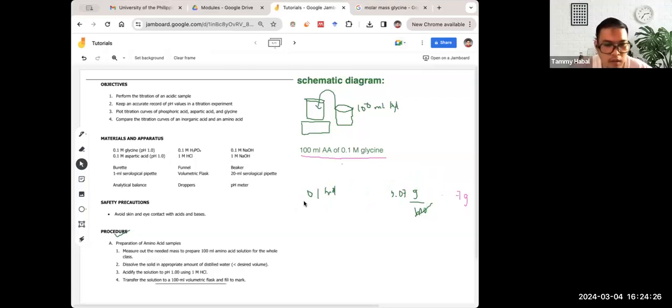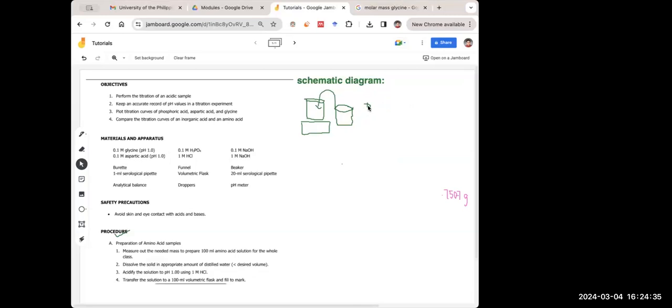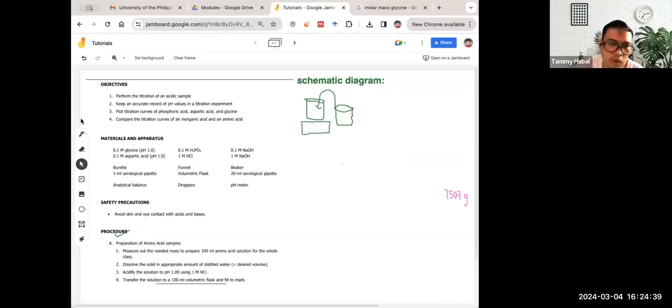Okay. So, the 0.7507. How we do this, no? Okay, I got it now. We have to delete that. So, for the schematic, you have to input 0.7507 grams. And then you have to weigh this from your container.